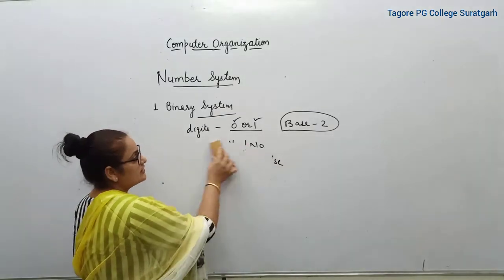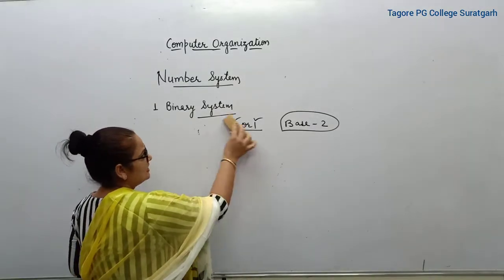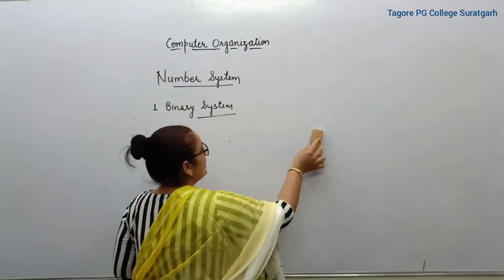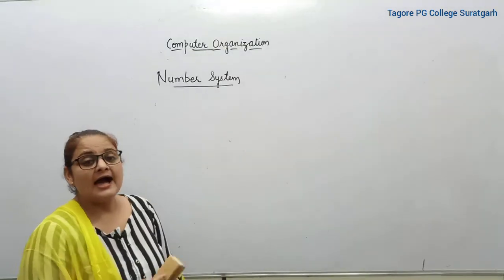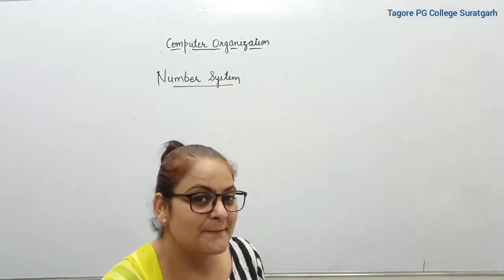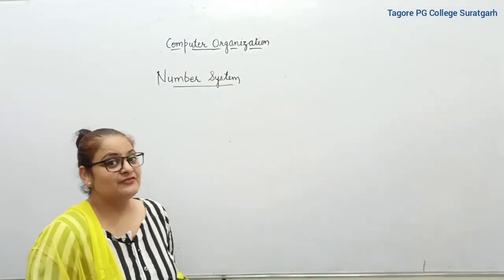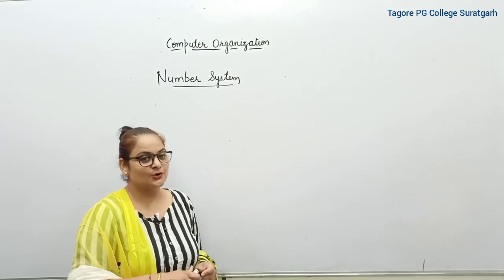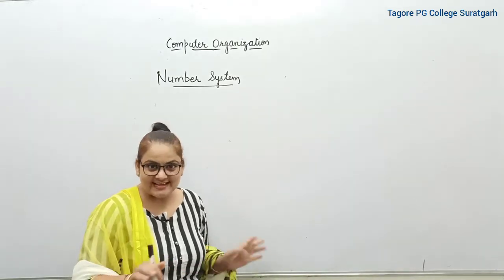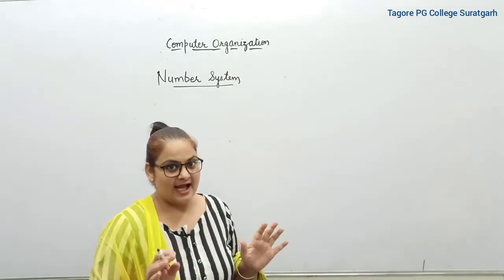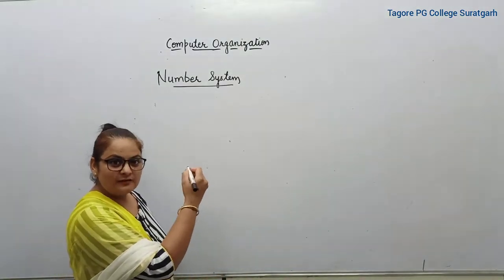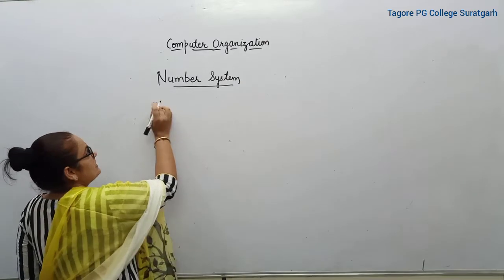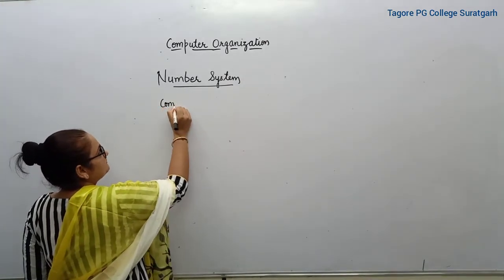You can convert from the binary number system to the decimal number system and from the decimal number system to the binary number system. It is a very easy process. You don't need to hesitate or be afraid, just look at the process and follow it. Here is the first conversion.